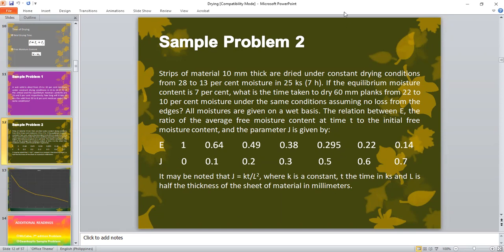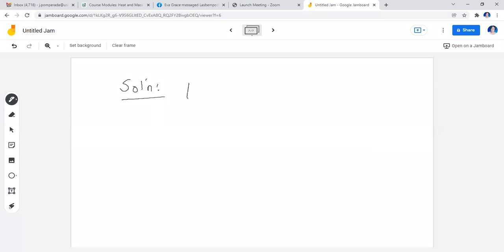Now, we're going to translate that into an equation that we can work out. So the ratio of the moisture content at any time T, so ratio meaning you have a fraction, to the initial free moisture content.